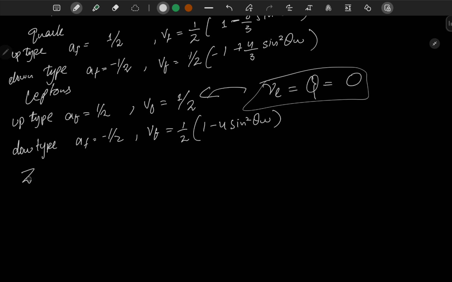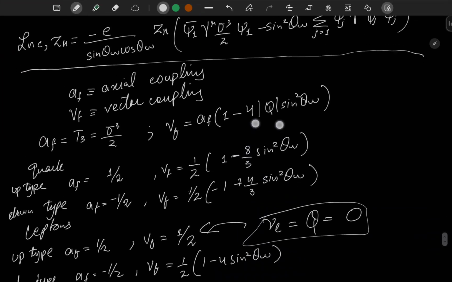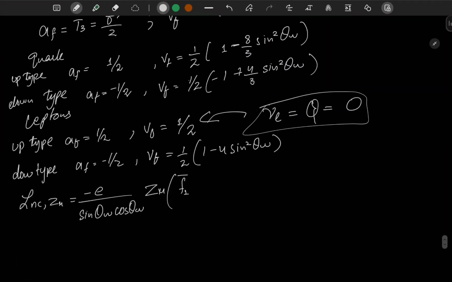So J Z mu is equal to minus E over sine of theta W cosine of theta W Z mu. Here I'm writing psi in terms of F, and for fermions, since quarks and leptons both are fermions, I'm going to use the notation F here.